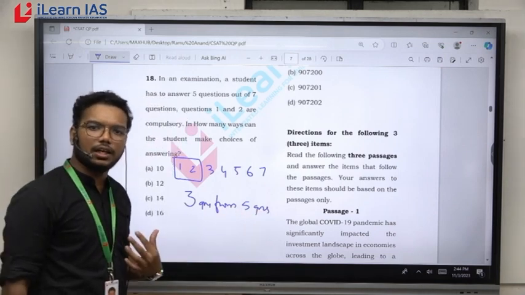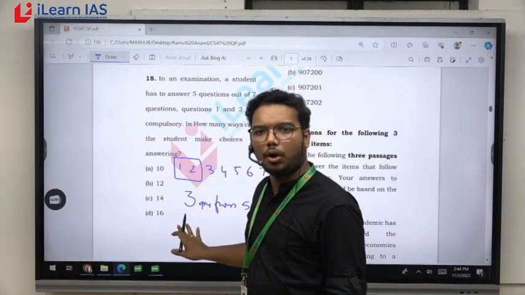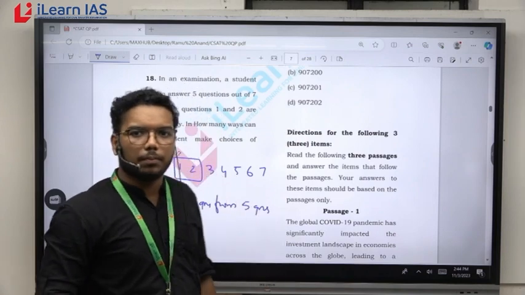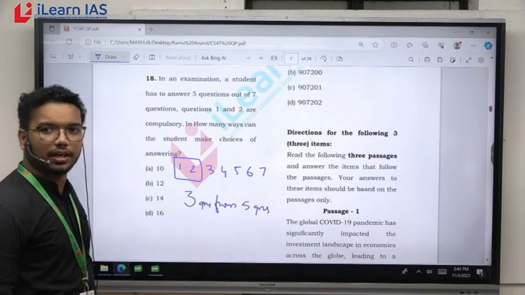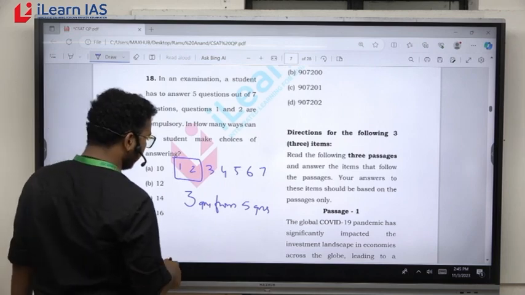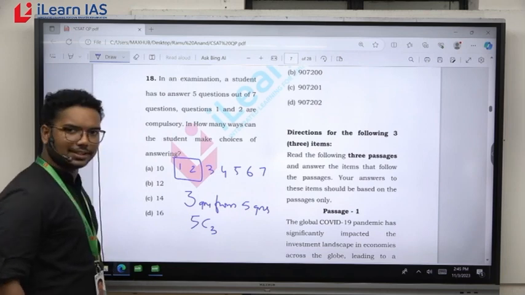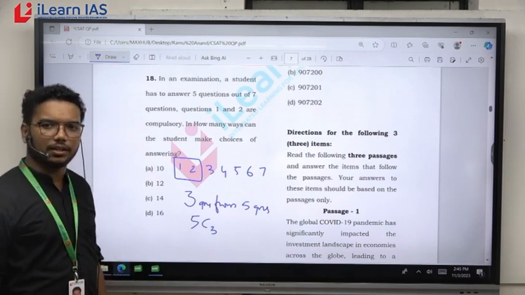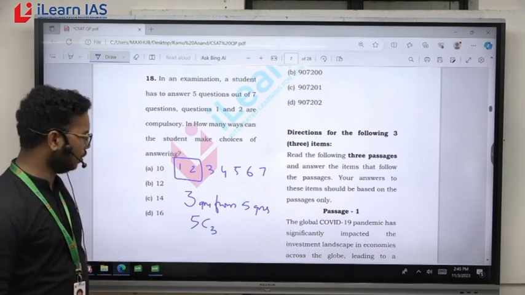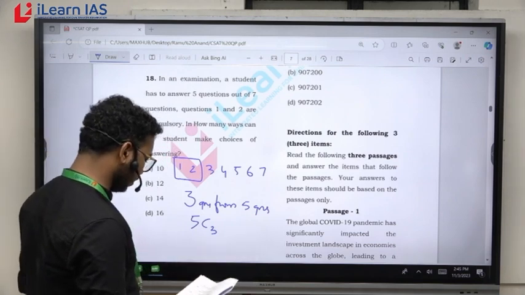This is a basic formula of permutations and combinations. We need to select 3 questions from 5 questions. This is expressed as 5C3, which means you need to select 3 questions from 5 questions.